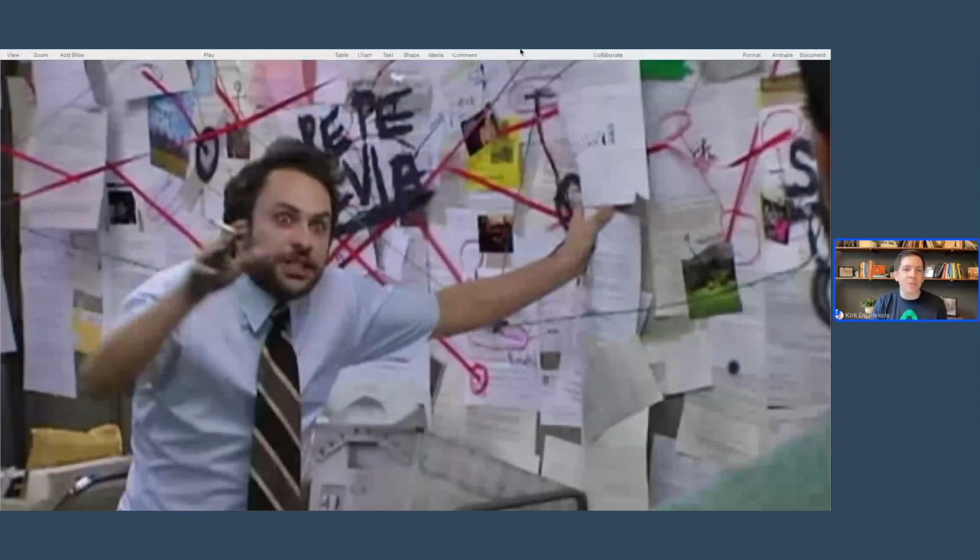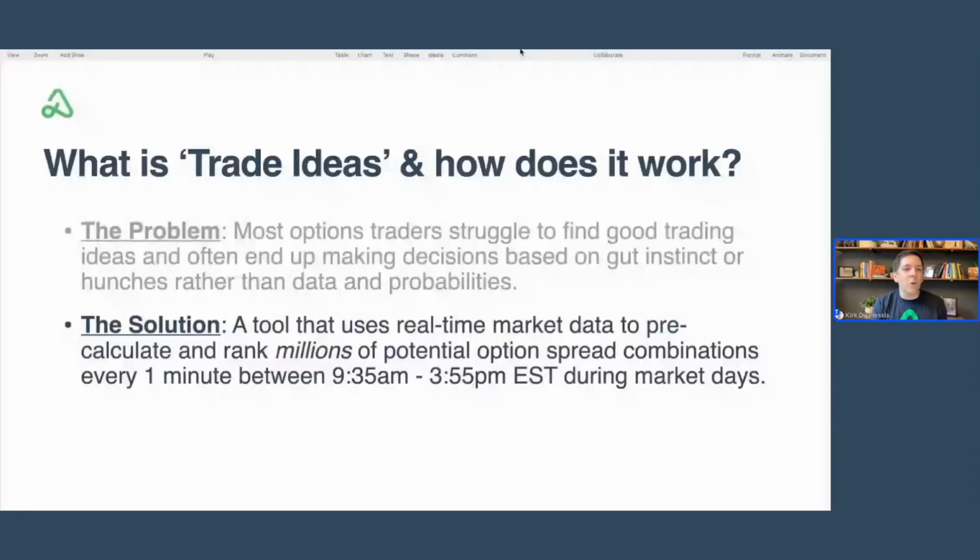So here's the possible solution, right? Or at least a tool that uses real-time market data to pre-calculate and rank millions of potential option spread combinations. Now, I'm going through this really slow because I want you to understand how powerful this is on the back end.